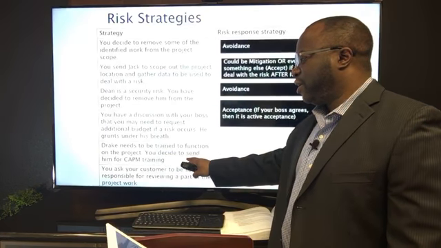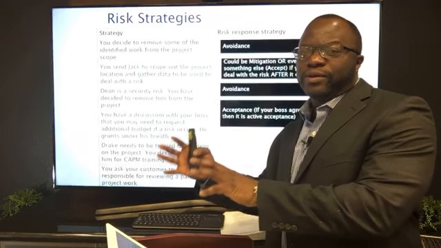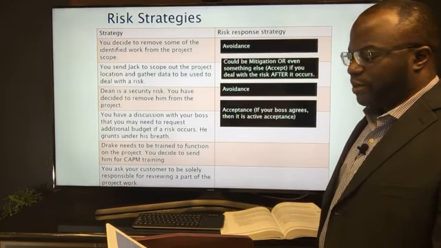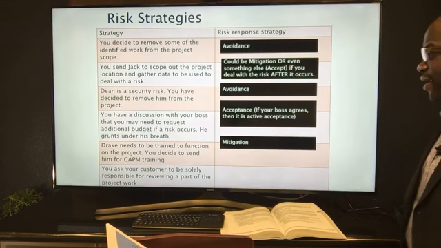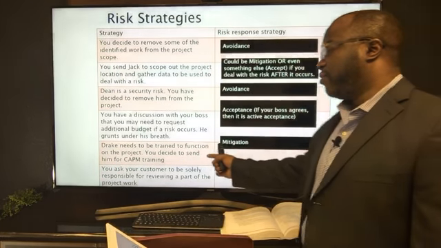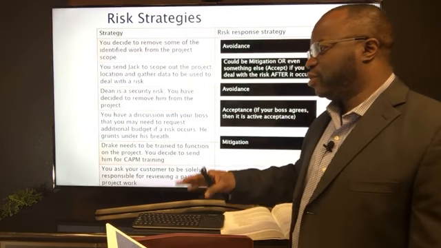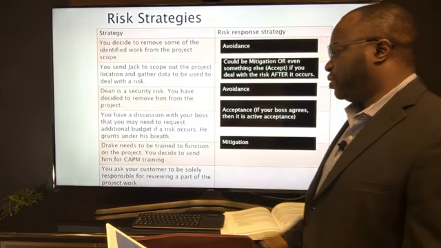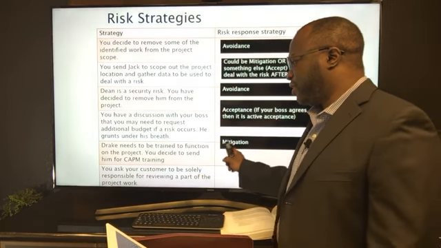You didn't transfer the risk to a third party to say, okay, you take care of the task that Drake is handling. That's not what you did. So in this case, you guys who typed in mitigate, you are correct. That is a mitigation strategy. This stuff is very subtle, folks, very, very subtle. So you're not transferring the risk. Yeah, go for training, but that's not transfer. Transfer would be call company X and ask them to work on what Drake is meant to be working on. That's transferring the ownership. But in this case, you're mitigating. Sending him for training betters his chances of success and minimizes the chance of failure. All right?